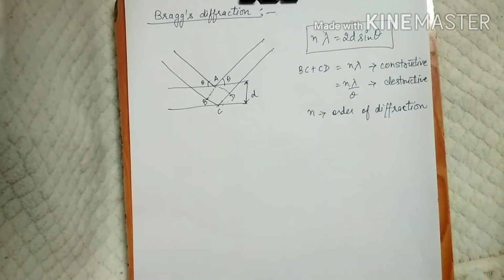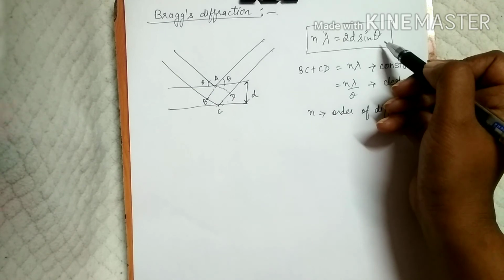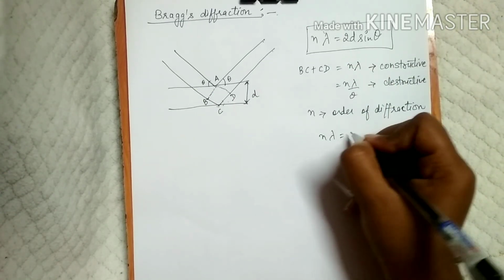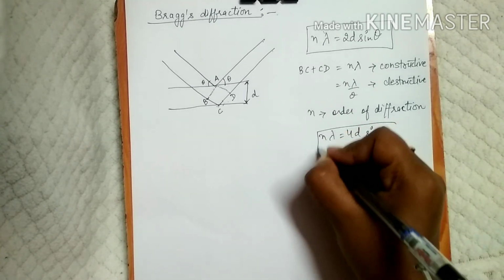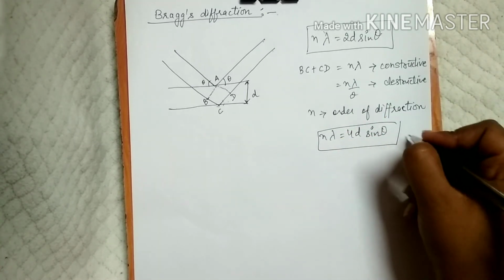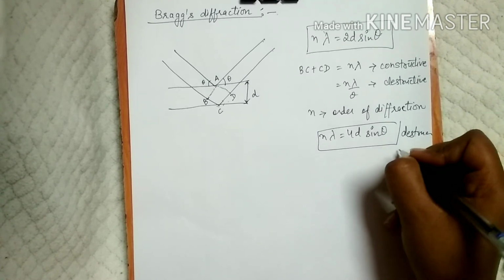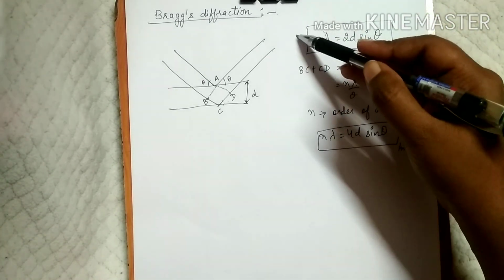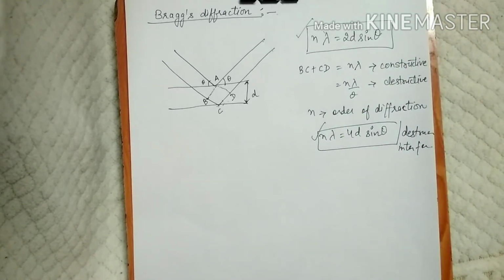If n lambda equals 2d sine theta, then it is for constructive interference, and if n lambda equals 4d sine theta, then it is for destructive interference. For constructive interference the formula is this, for destructive interference the formula is this. So this is all about Bragg's diffraction.